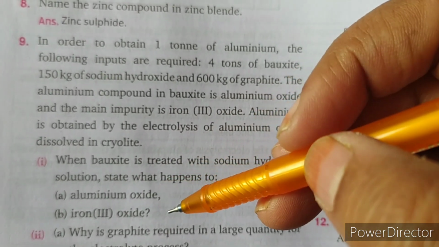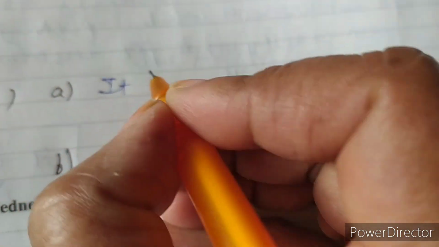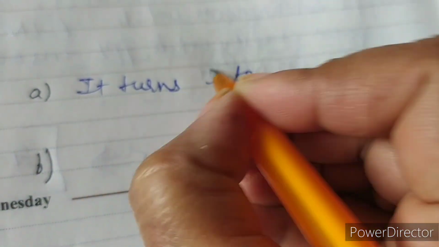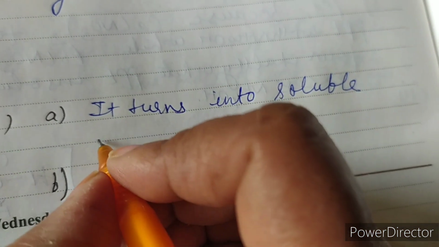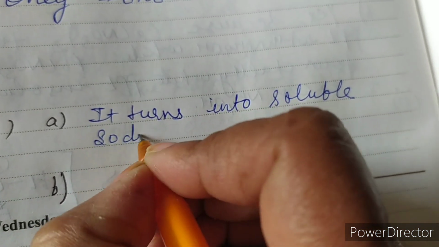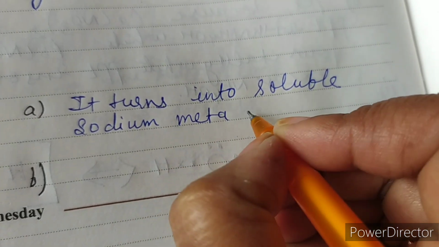It will turn into a soluble compound, sodium meta-aluminate. So you will write here, it turns into soluble sodium meta-aluminate.